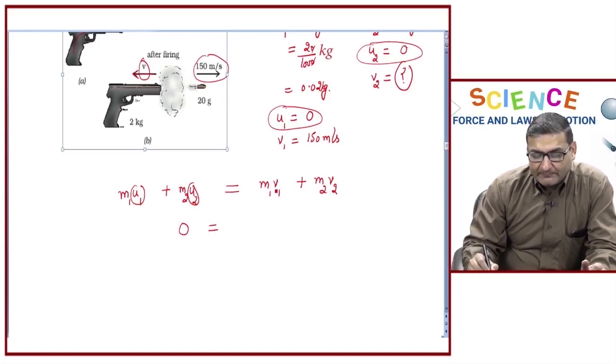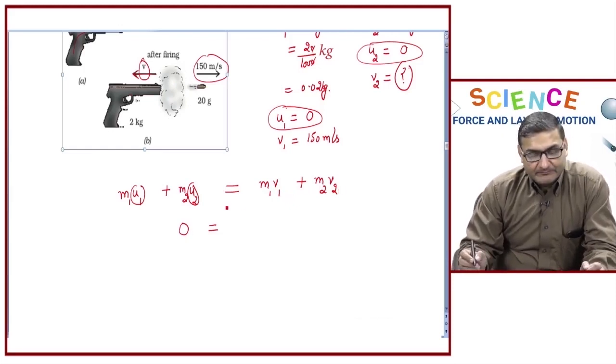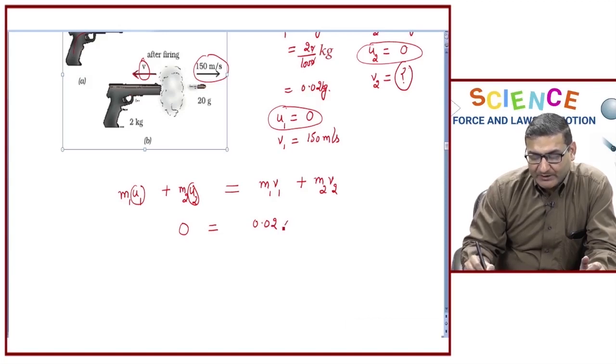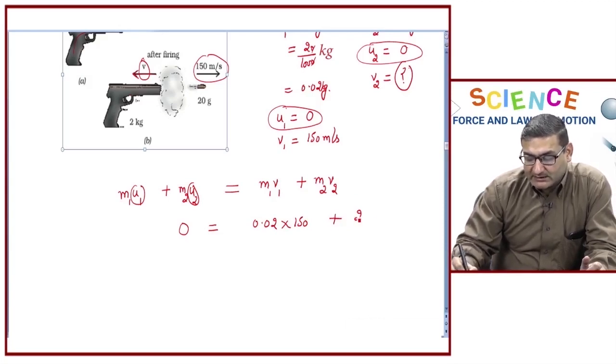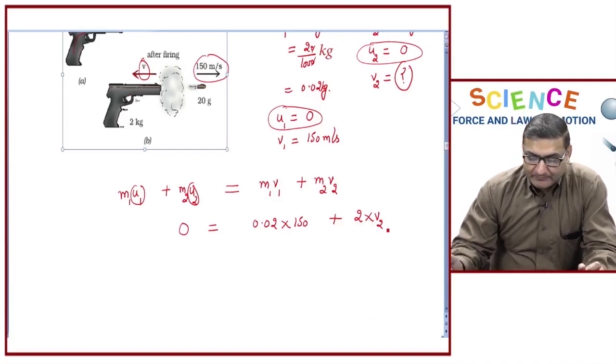Now m1 v1 plus m2 v2 is equal to 0. Fine. Putting the values, the mass of the bullet came out to be 0.02 kilogram multiplied by its final velocity, 150, plus the mass of the pistol, 2 kilogram, multiplied by the velocity of the pistol v2, which is unknown and we need to calculate. Right?